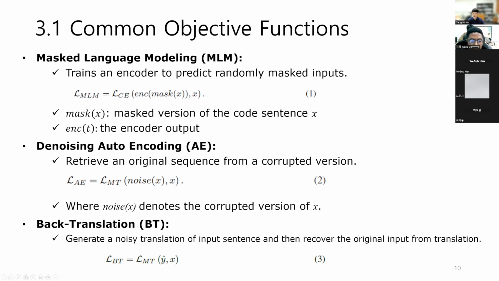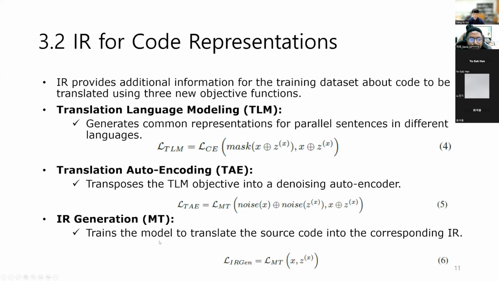The third one is back translation: generating a noisy translation from input to target, then translating it back to the input. The loss function is computed using the machine translation loss function.